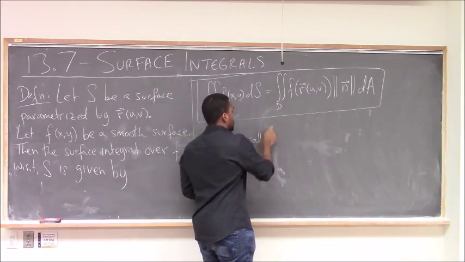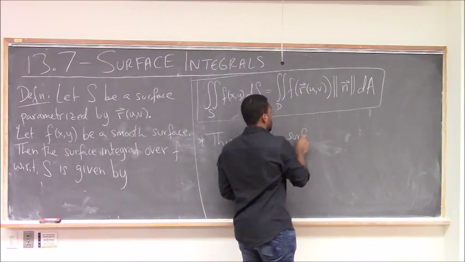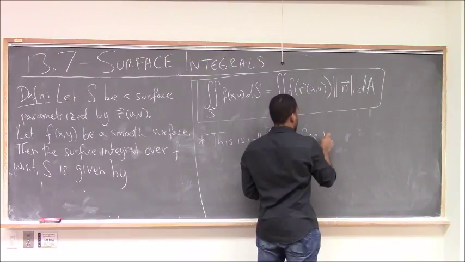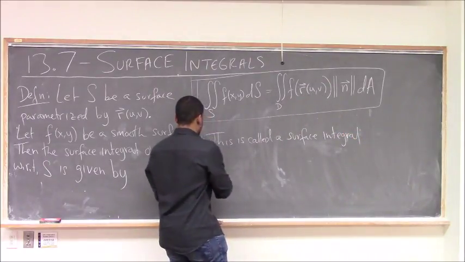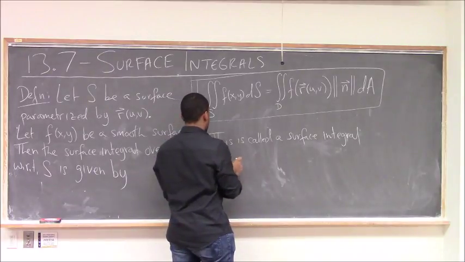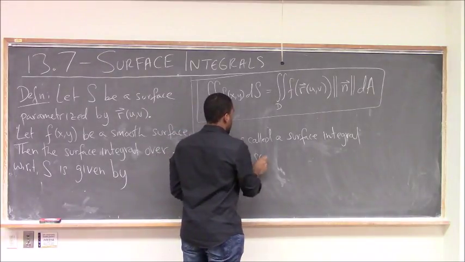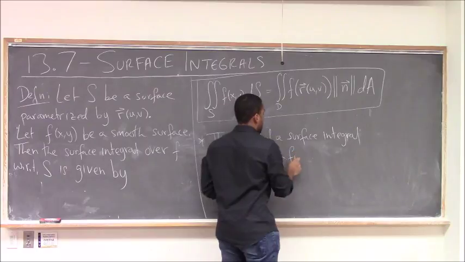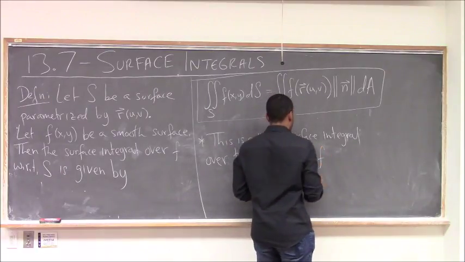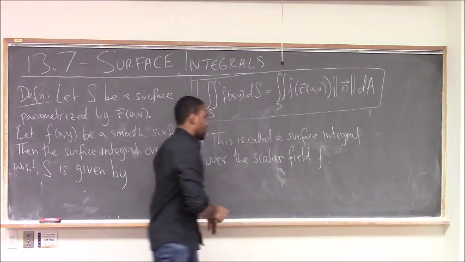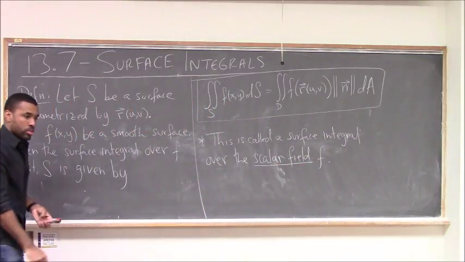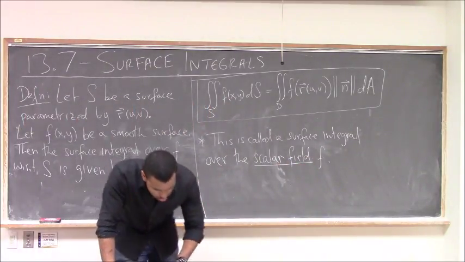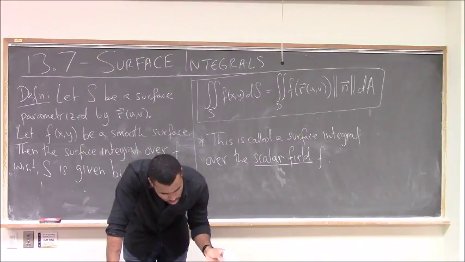This is called a surface integral over the scalar field. Emphasis on the scalar field. We're going to talk about surface integrals over vector fields pretty soon. That comes, I'm pretty sure, at the end of this chapter.